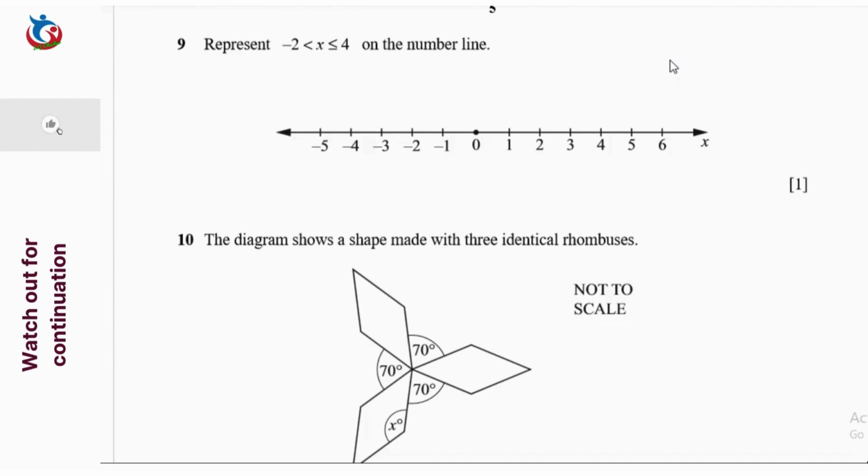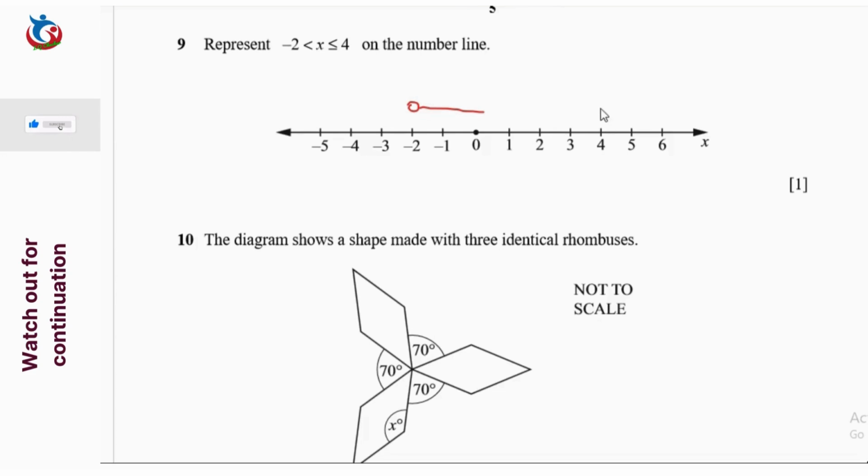So in this case, definitely you have to grab your ruler and your pencil and draw a straight line. -2 less than x, so you come to -2. x is greater than -2, so you are going to be moving towards the right, then less than or equal to 4.